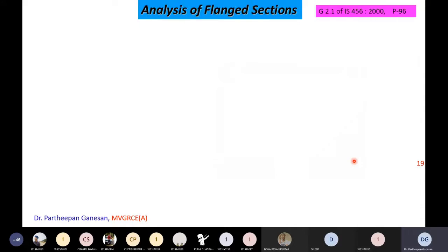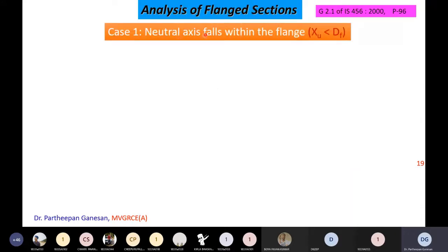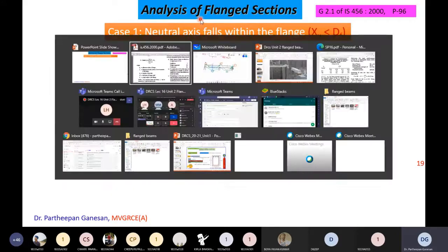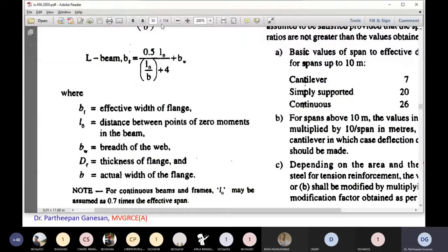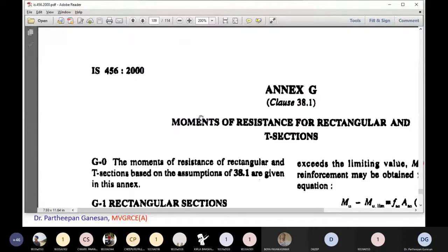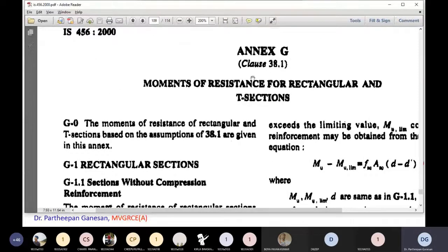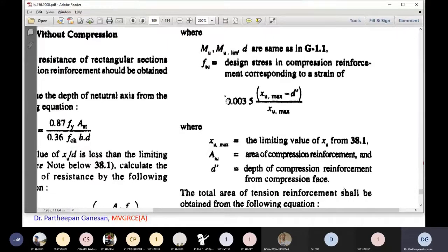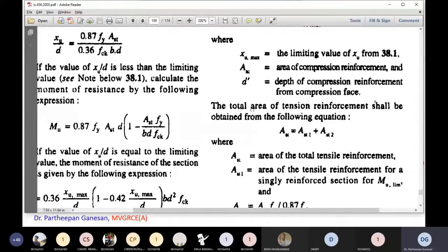Now, for example, this flanged beam is given on your page number 96. In annexure G, G1 was rectangular section, G2 is flanged section. Okay.